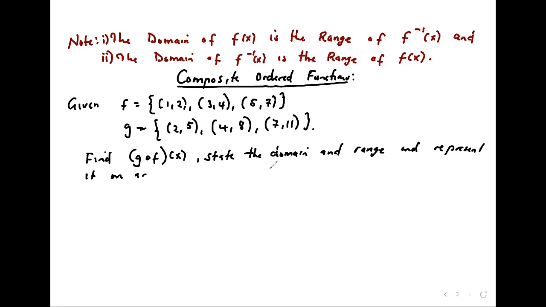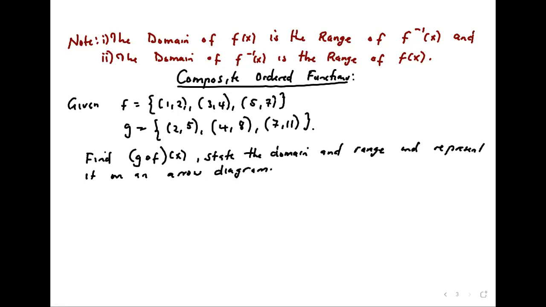If you're given f: 1 to 2, g: 2 to 5, 4 to 8, and 7 to 11, then they ask to find the domain, range, and represent it on an arrow diagram.